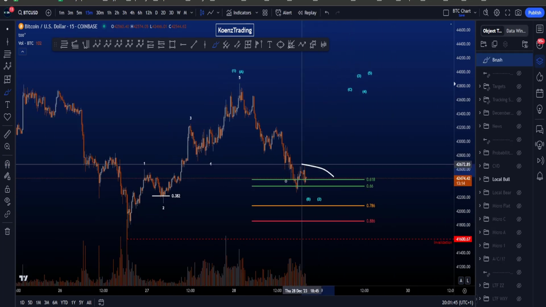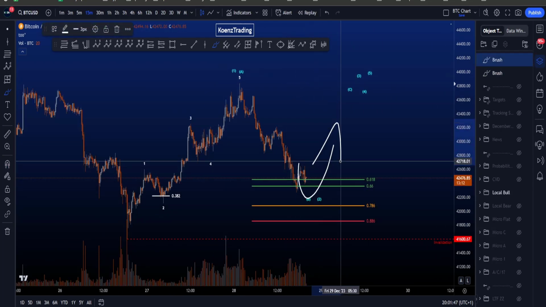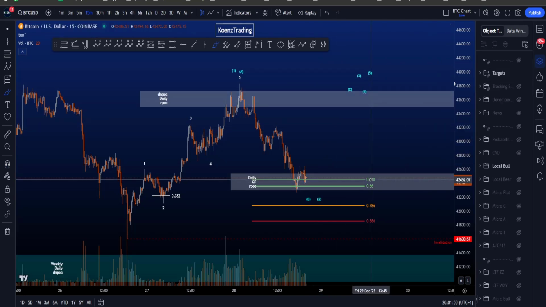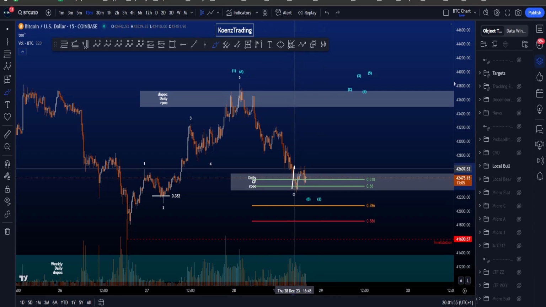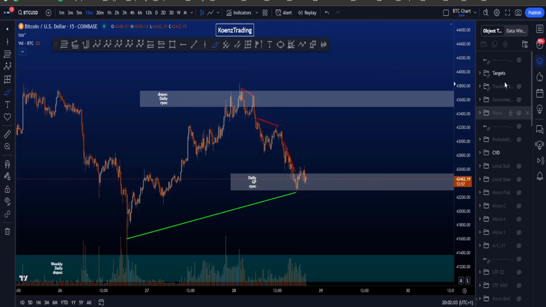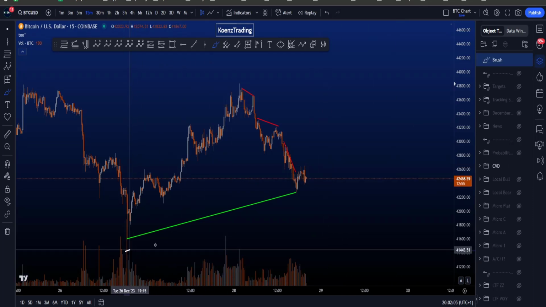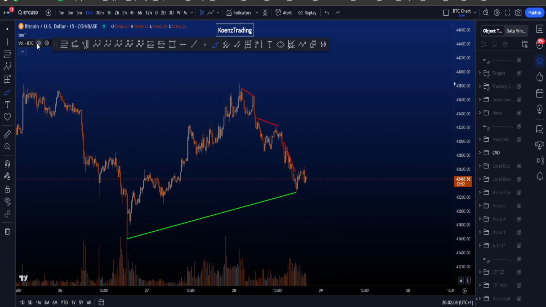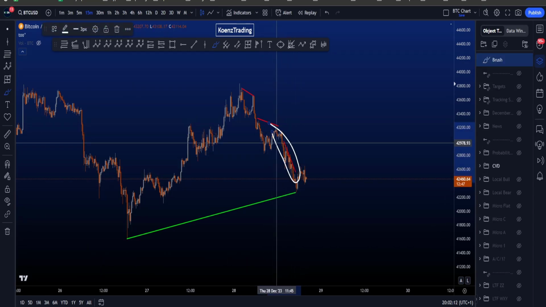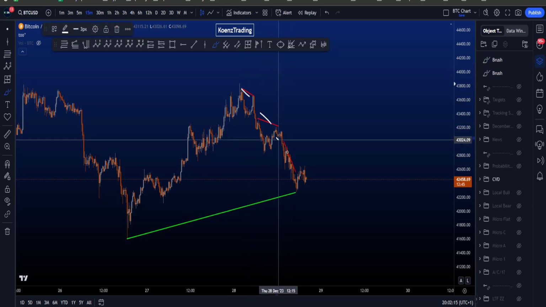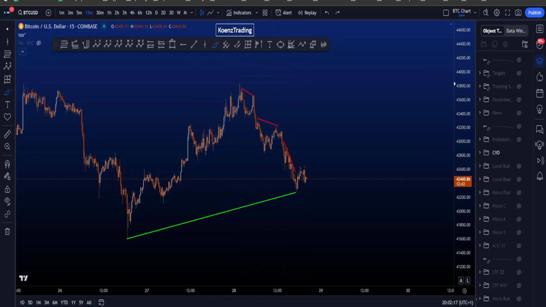In this scenario, we want to see local proof of support for then a move towards the upside. Currently, price is ranging inside this support area over here, and you can see it provides at least a little bit of support, but we're definitely looking for some more local support, because if we have a look at the CVD divergences, then yes, we do have bullish CVD divergences on a 15-minute time frame, but if you kept an eye on the lower time frames, then you've also seen that constantly we had bearish CVD divergences as price has been moving towards the downside.